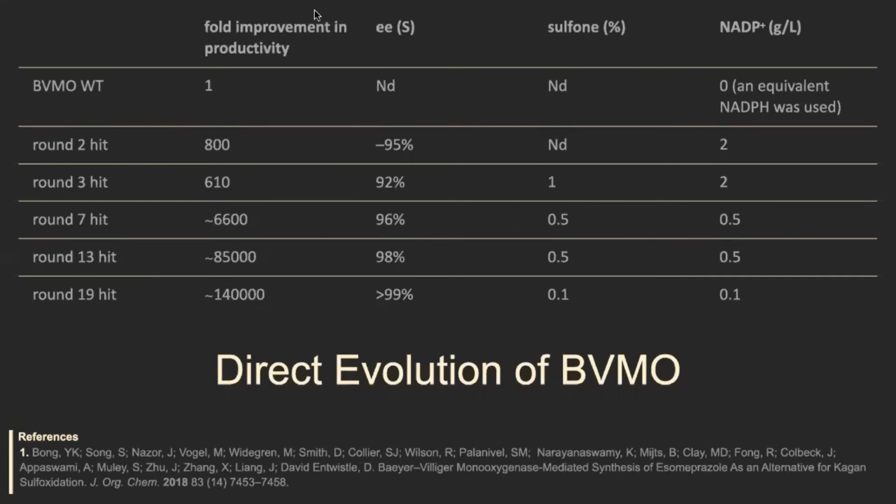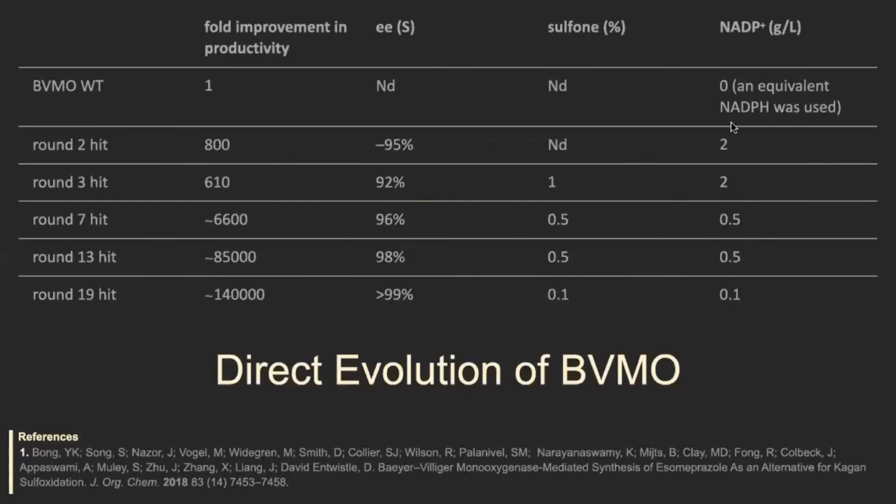At the beginning of their engineering work, they mainly focused on improving productivity, and you can see that after a few rounds, they already managed to improve quite a lot. But surprisingly, they realized that they were forming the wrong enantiomer. So in the second part of their engineering work, they focused on going back to the right enantiomer and improving the enantioselectivity.